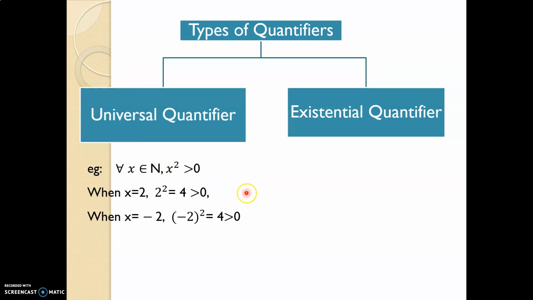Now you have to check the truth value of this one. Since x belongs to natural numbers, for all values we know that x square must be greater than 0. Here I have taken only two values. x equal to 2, 2 square is equal to 4, that is greater than 0, correct? Then x equal to minus 2, again minus 2 square is equal to 4, which is greater than 0. So in both cases the value is true.